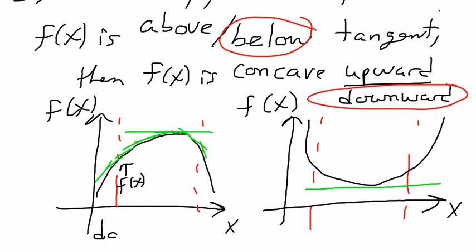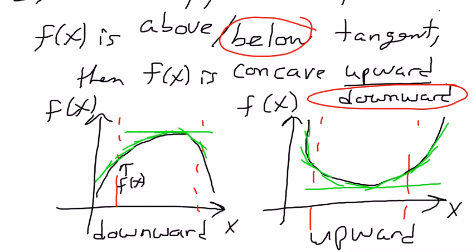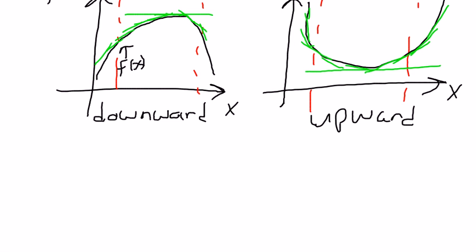Therefore, this is going to be concave downward. And then, if you draw your tangent lines all up the sides here, you'll see that our function is above. Therefore, this is concave upward. And that's the idea of what concavity is.